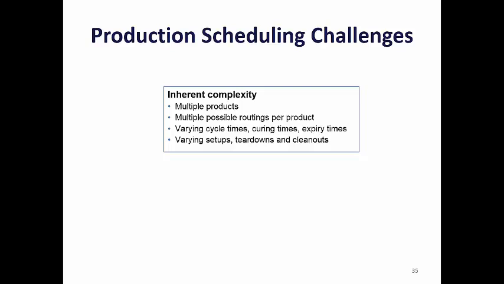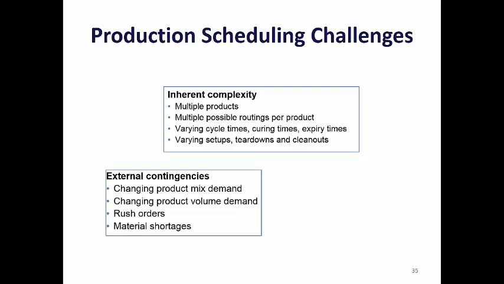And then, of course, as we move through a product mix, there are varying setups and teardowns and cleanouts, which themselves take varying amounts of time and or the attention of certain specialists, specialized operators in the plant. Now, if that weren't bad enough, there's external contingencies because product mix demand can change.